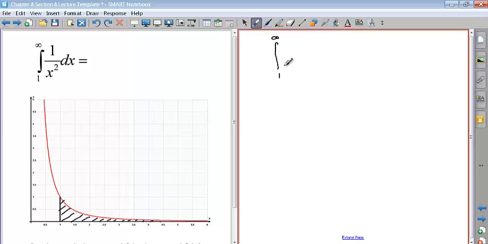So what we do is take the original expression and take the limit as b goes to infinity of the integral from 1 to b, and then you have your function.